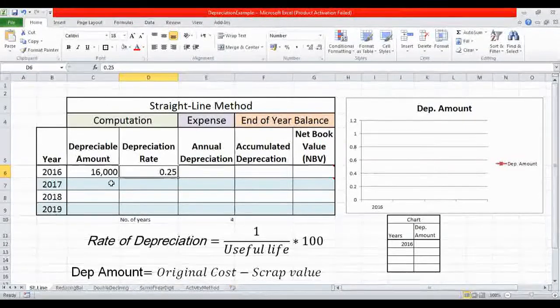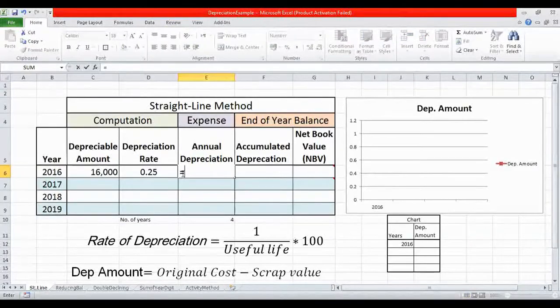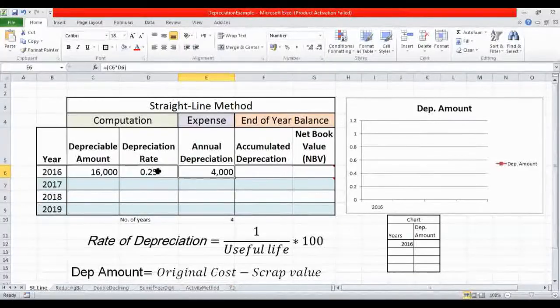Now, how do we calculate the depreciation expense? We simply multiply these two things: 16,000 times the depreciation rate, which equals 4,000. This is our depreciation expense for this year.